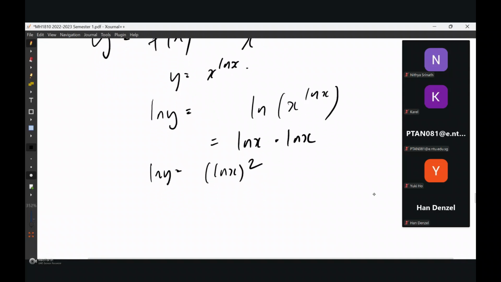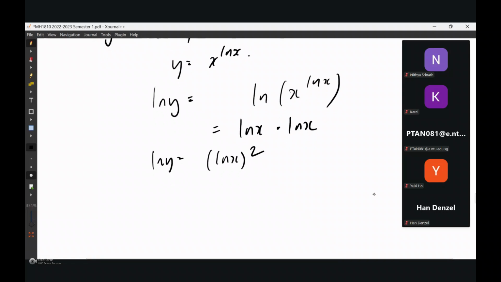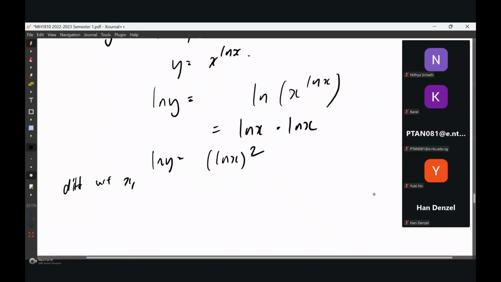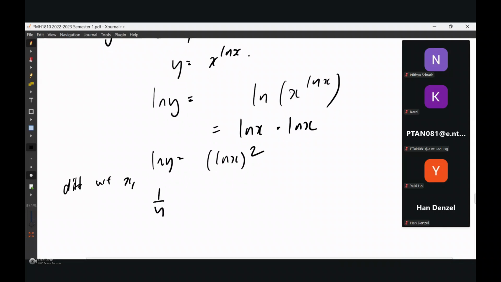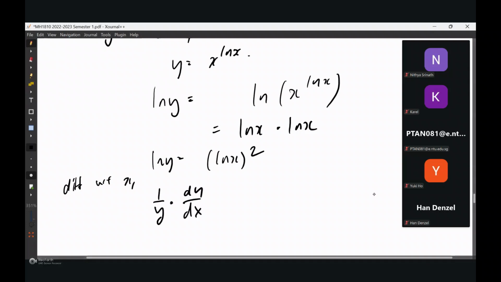Then we can just go ahead and differentiate this with respect to x. ln y differentiated with respect to x gives 1 over y, then differentiating the inside because of chain rule, times dy dx. Then differentiating (ln x) squared gives 2 ln x to the power 2 minus 1, which is 1, then times the derivative of ln x, which is 1 over x.